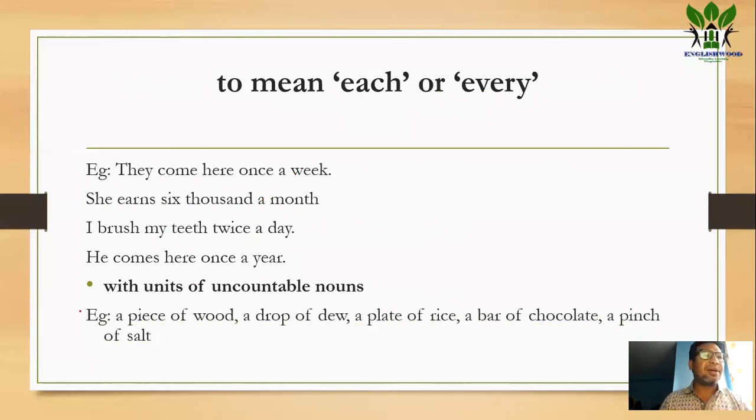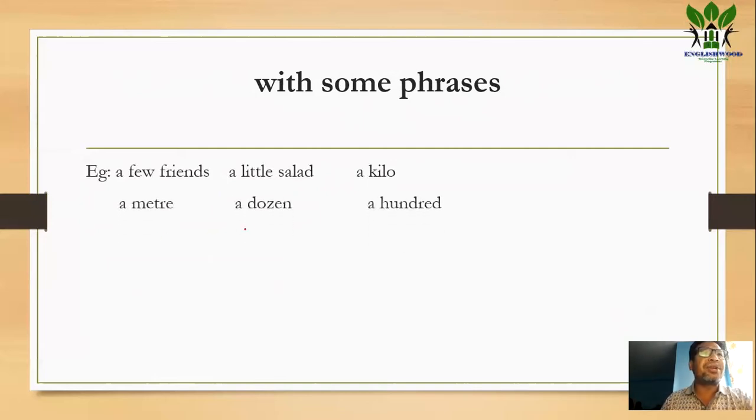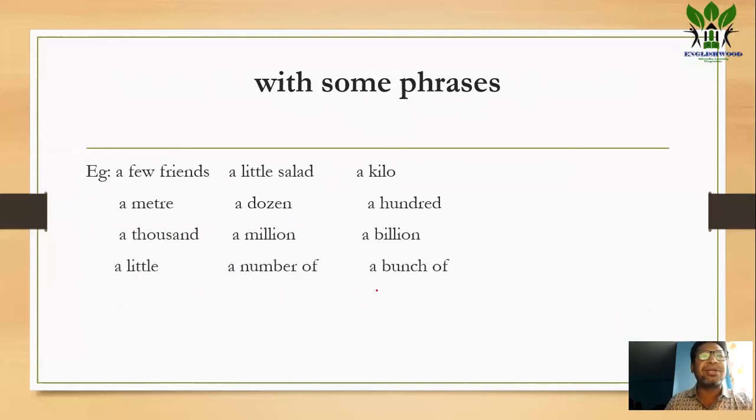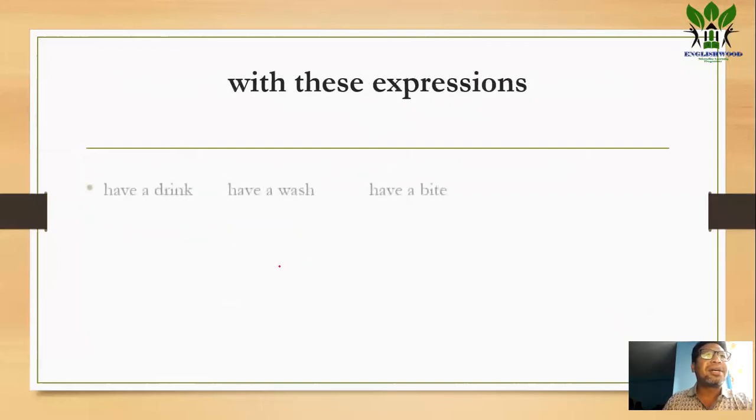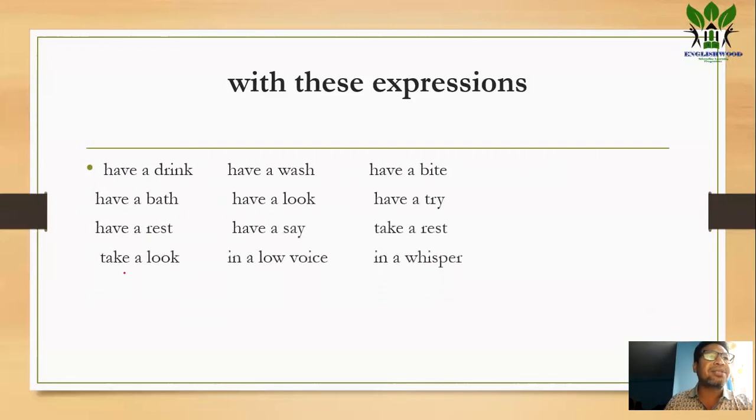With units of countable nouns, also we use a or an. For example, a piece of wood, a drop of dew, a plate of rice, a bar of chocolate, a pinch of salt. Okay. With some phrases like a few friends, a little salad, a kilo, a meter, a dozen, a hundred, a thousand, a million, a billion, a little, a number of students, a bunch of flowers, etc. And with other expressions: have a drink, have a wash, have a bite, have a bath, have a look, have a try, have a rest, have a say, take a rest, take a look.